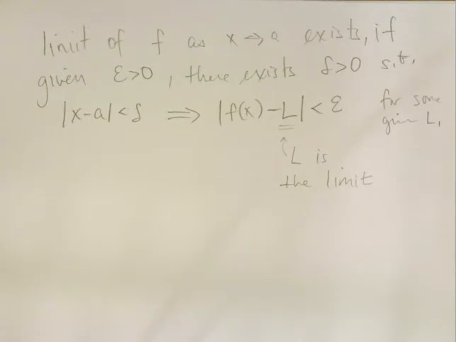Now, limits have properties, which will be very useful in doing computations. We prove them using the definitions, but I won't prove them for you now. And we'll only talk about a few properties.